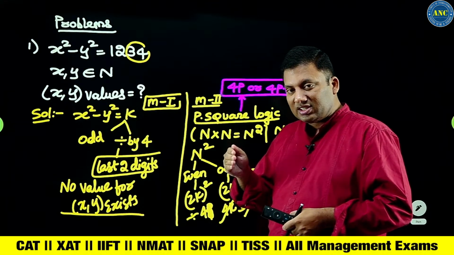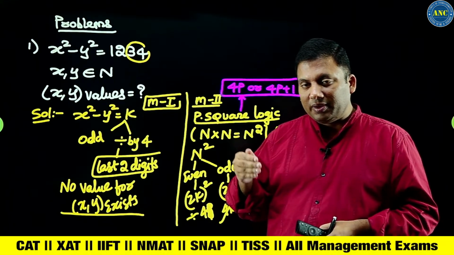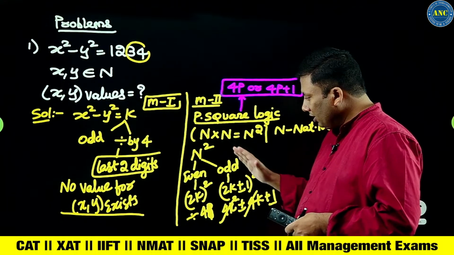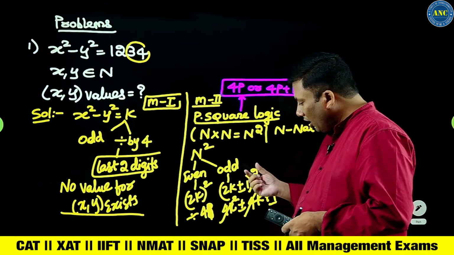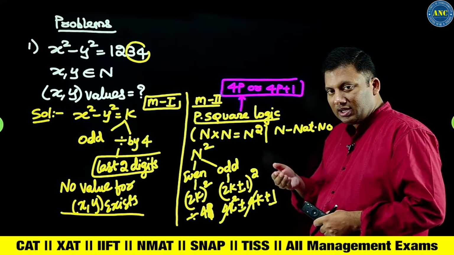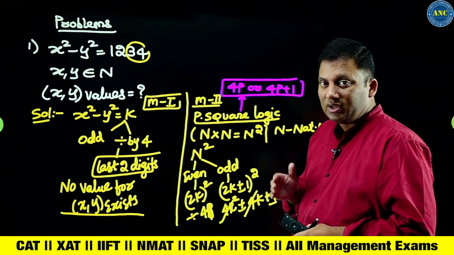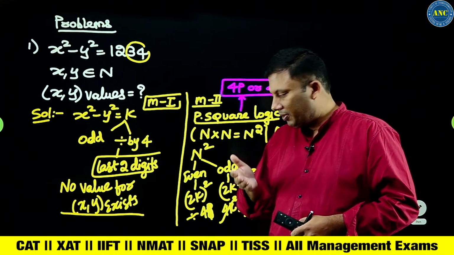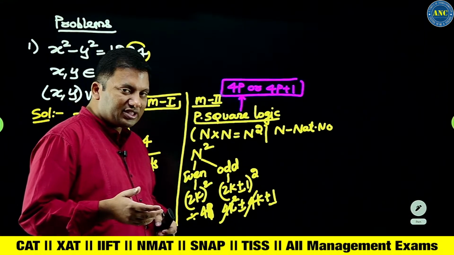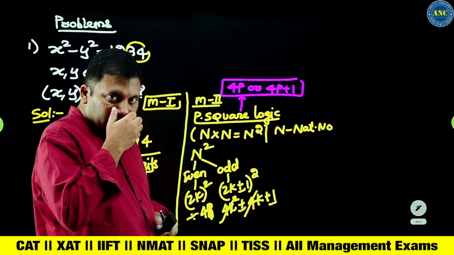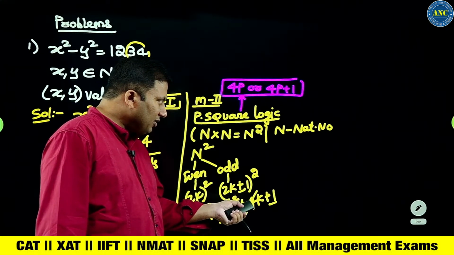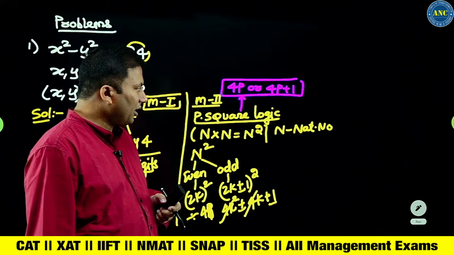Any number divisible by 4 can be represented as a multiple of 4. If n is an odd number, it will be of the form 2k plus or minus 1 whole square. It is not divisible by 2, so it gives a remainder plus 1 or minus 1. If I expand it, 4k square plus or minus 4k plus 1 is divisible by 4 with remainder 1.